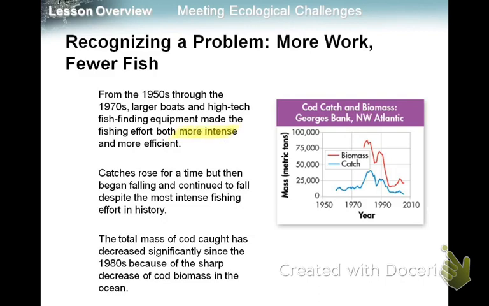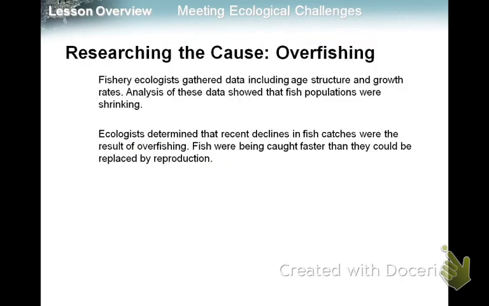Fishing became more intense and more efficient because there were larger boats and high-technology fish-finding equipment. Catches rose for a time with the advent of this technology, but then it began to fall. There's just been a decrease of cod biomass in the ocean. You can see that from that graph.